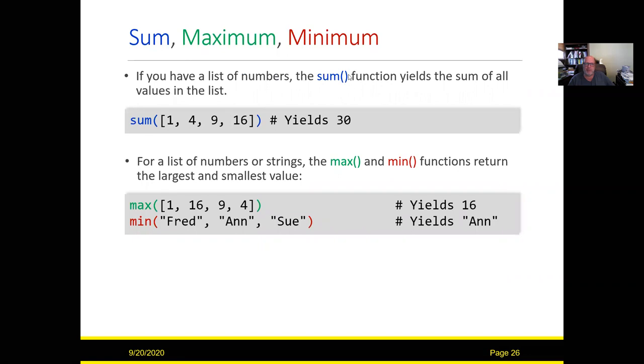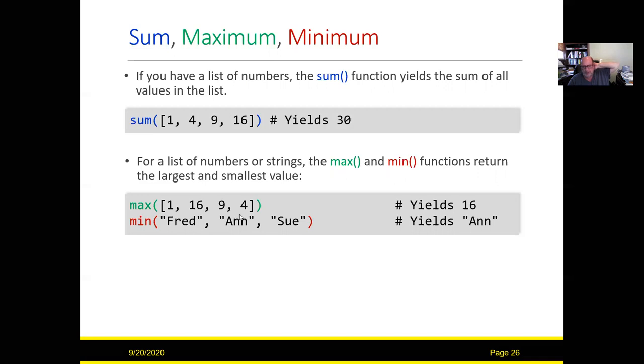Sum, maximum, and minimum. So instead of going and creating your own sum, maximum, and minimum, there are functions in Python that you can use. You can even use it for strings. Remember, it's going to start with the first character. The uppercase letters are smaller than lowercase.